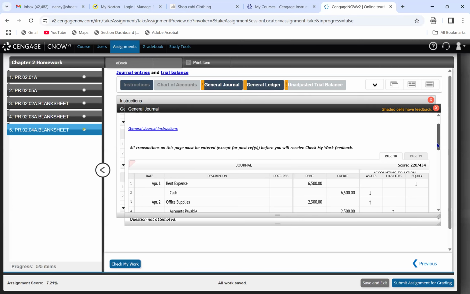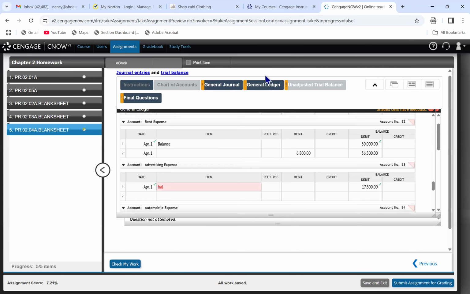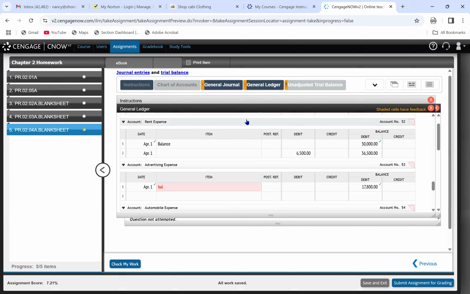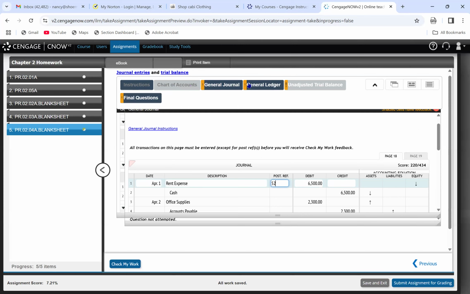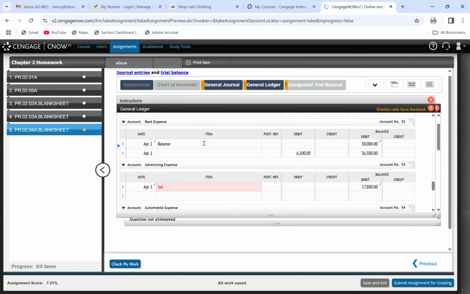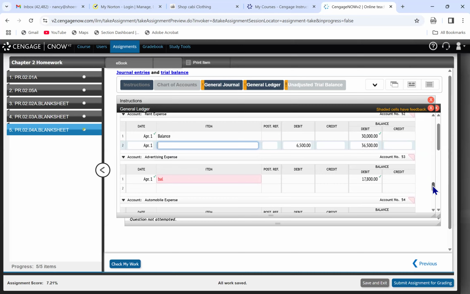Here I'm going to show the reference. This rent expense is account 52. So I'm going to show 52 goes there. Rent expense 6,500. That should be, I guess, sufficient. I might be screwing up, guys, with the post reference, but for now, that's what I'm going to do.